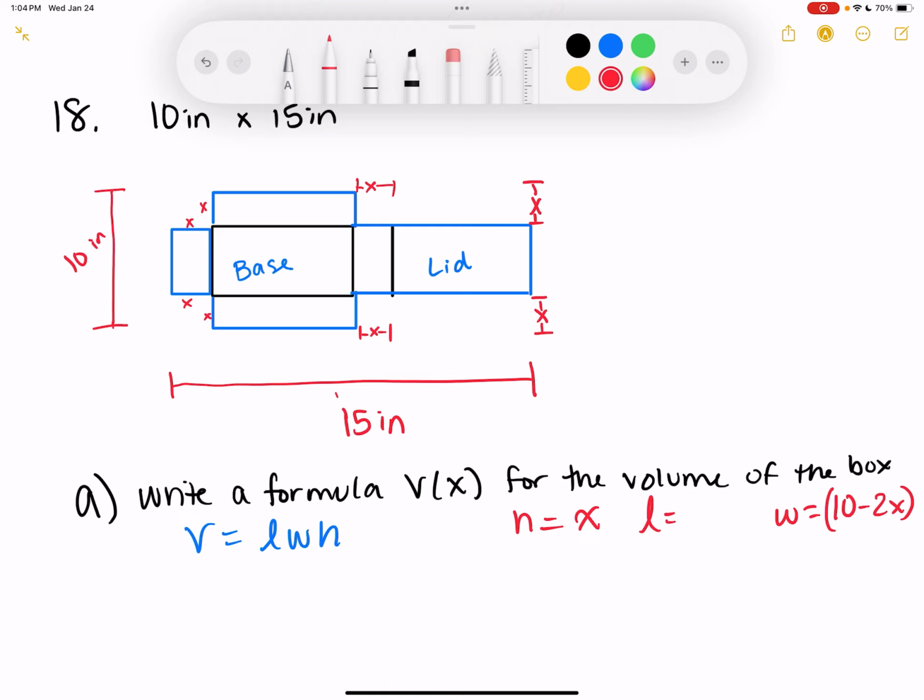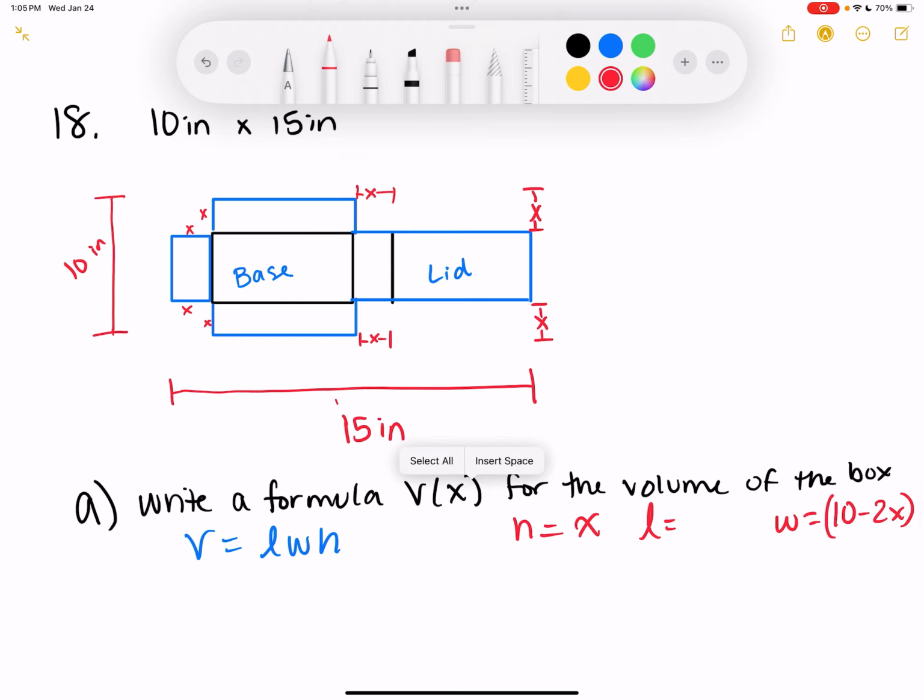Now, what do we know must be true about the top and the bottom of the box? The same. They're equal. Why? Because that's the definition. So, with the sides, I can imagine that this is one piece and that this is the other piece.